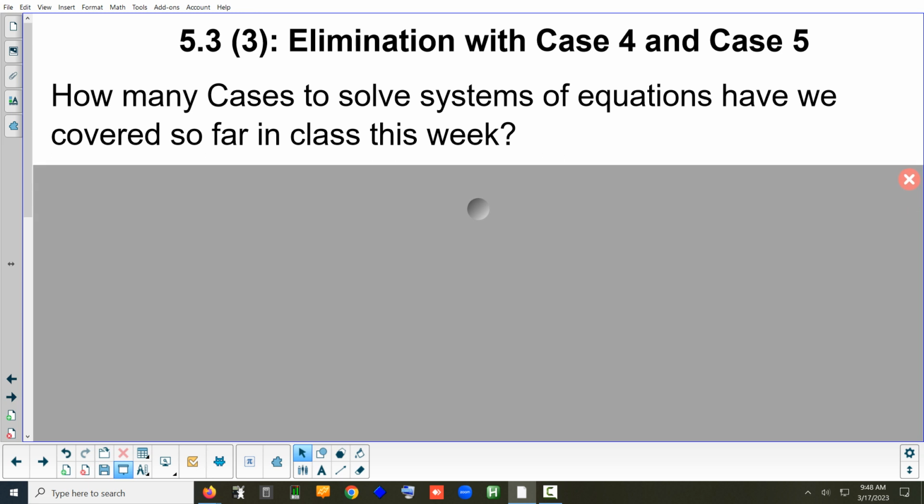So how many different cases have we gone over so far this week? Or situations? Yeah, we've done 3. We've done the case where you add them right away and something cancels. We've done the case where you can't add them right away, but you can multiply one of them by -1 and then they cancel.